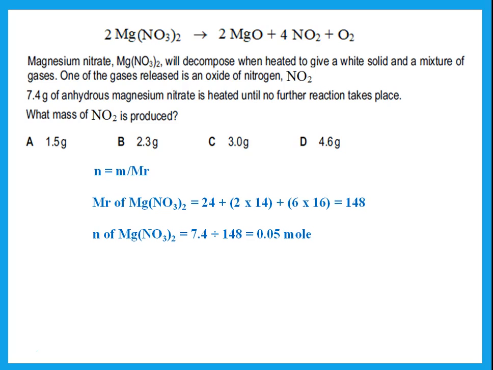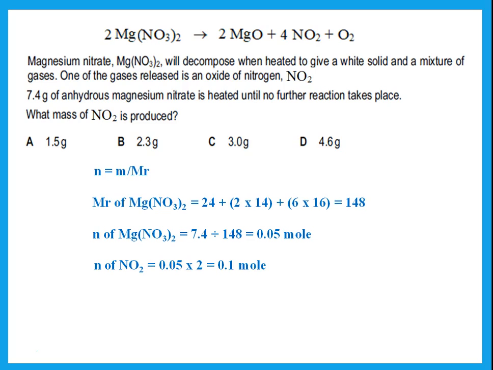So what is the relationship from the equation between magnesium nitrate and NO2? The equation says if the number of moles of magnesium nitrate is 2, the number of moles of NO2 is 4. So 2 gives 4. So the 0.05 will give how much? So the NO2 is basically twice the magnesium nitrate, so it will give 0.1 mole.